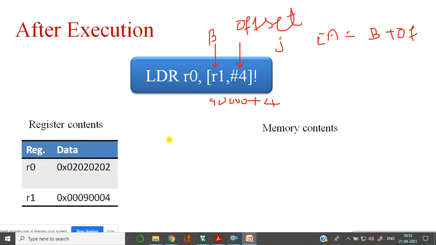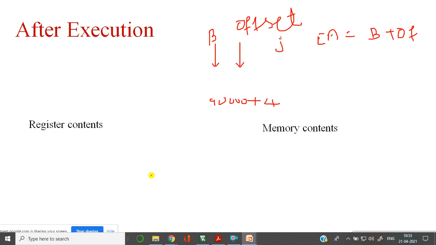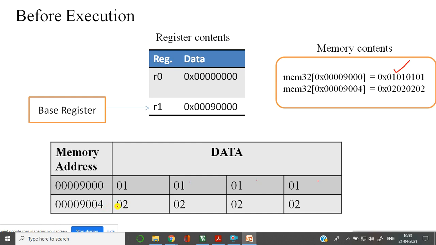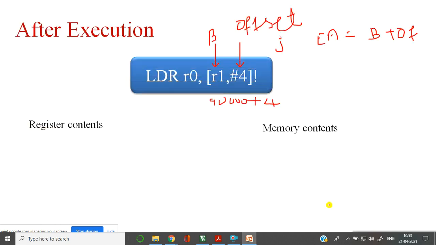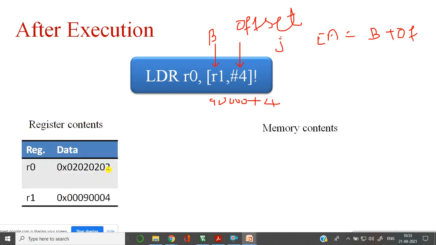So after execution, what was the previous content of 9004? 9004 was containing 02020202. So after execution, R0 will be consisting of 02020202. Now, this exclamatory mark indicates that you also modify the base register. Where was the base register pointing? At 9000.